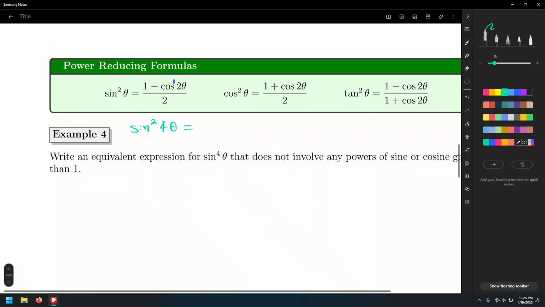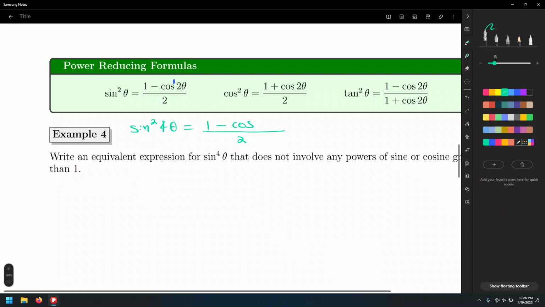I would like to use the power reducing formula because I don't want that squared. I want power to the first. So that's going to be 1 minus cosine of blank, divided by 2. Now check this out. We need to be very careful, because this is a very common mistake when using the power reduction formulas. Again, what happened here?